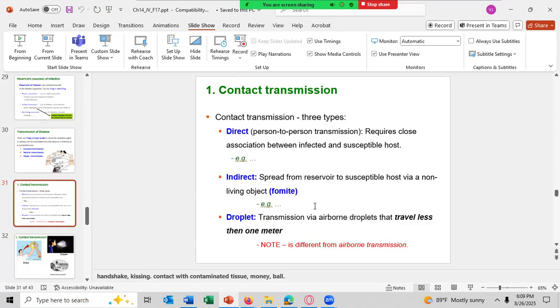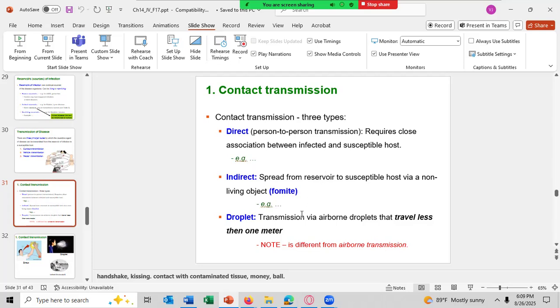Like when somebody's sick and they touch money, the money can pick up the disease-carrying organism. And then the money is turned into the cashier. Let's say the cashier is immune, and then the cashier gives you the money, and you're a susceptible person, and then you pick up the disease-carrying organism from the money. So the money is a fomite, indirect contact transmission.